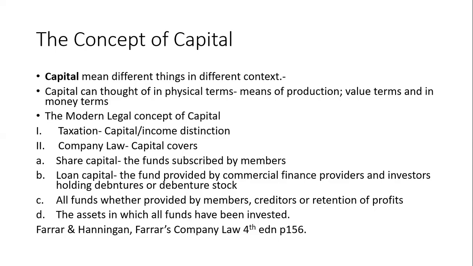So therefore, capital conceptualized in physical terms becomes a means of production. Also, it can be seen in value terms or in money terms. So capital can mean different things.